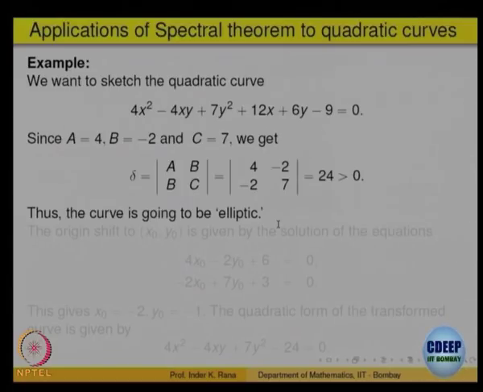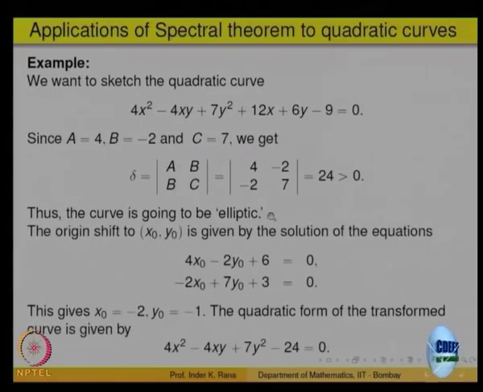So, first of all, what is the shift of origin? Where do we shift that origin to? I remember the two equations for the shift of origin. Those came from shifting x to x tilde plus x0, y to y tilde plus y0, and making those other terms vanish, setting them to 0.